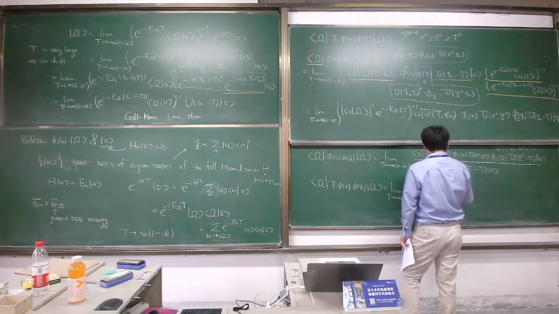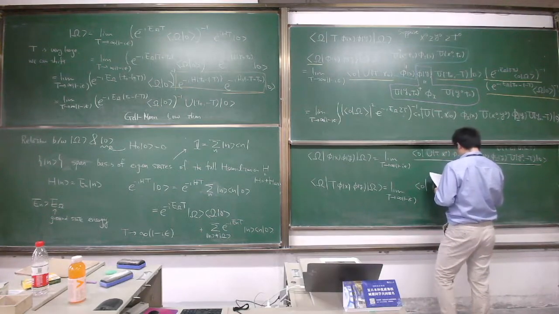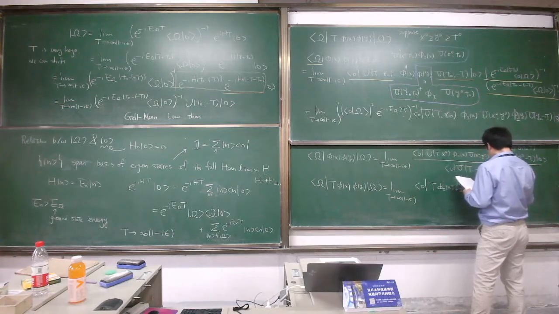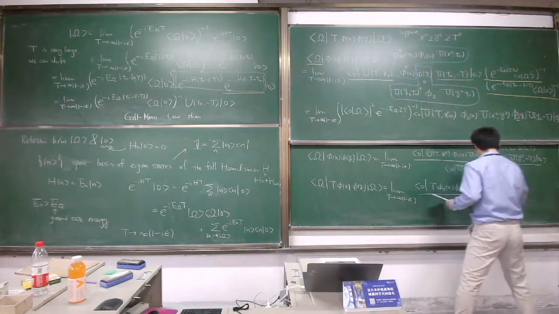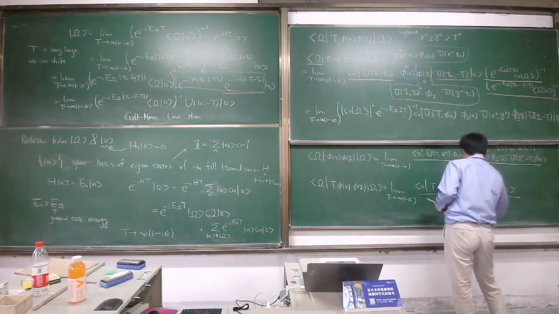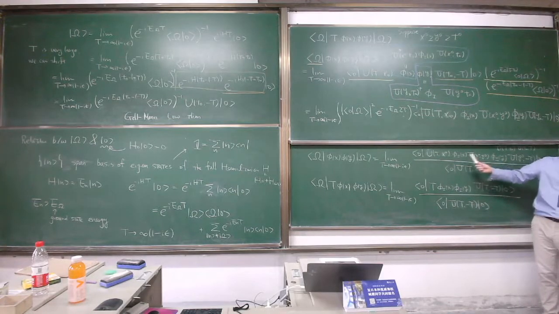0, time ordered, phi I of x, phi I of y, okay. So here you have U(T, x naught), U(x naught, y naught), U(y naught, -T), and then you just put the phi I at the appropriate position.